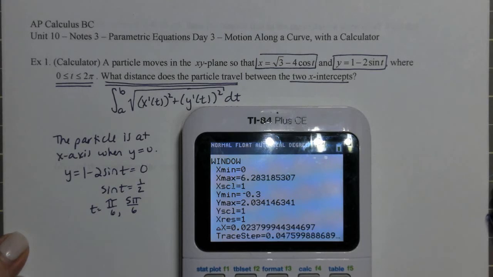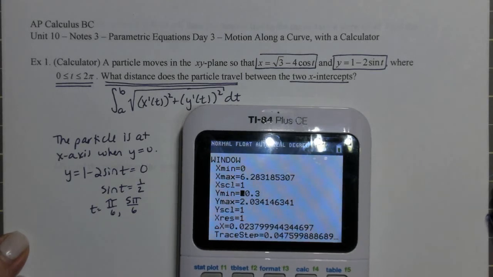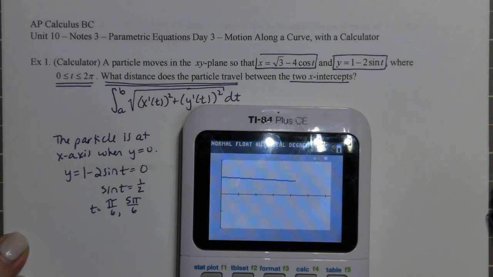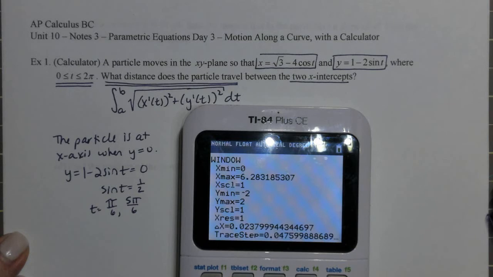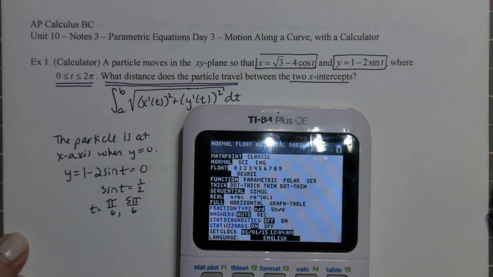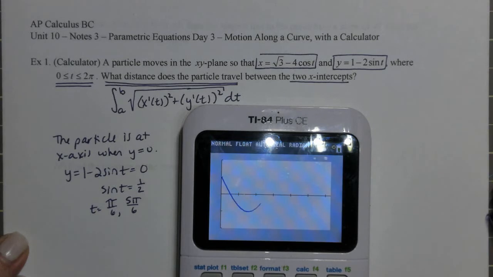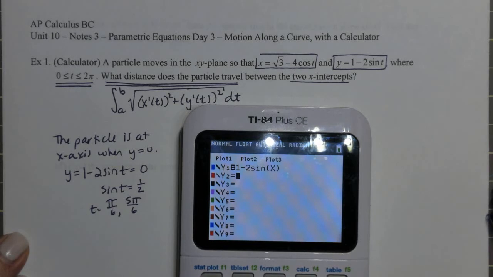I've got some messed up window here, so I'm going to fix that real quick. I'm just going to go from negative 2 to 2. Something is off here. I've been working with my pre-calc kiddos. Okay, so I had to put it in radian mode. Now I'm going to put 0 in for my y-axis.